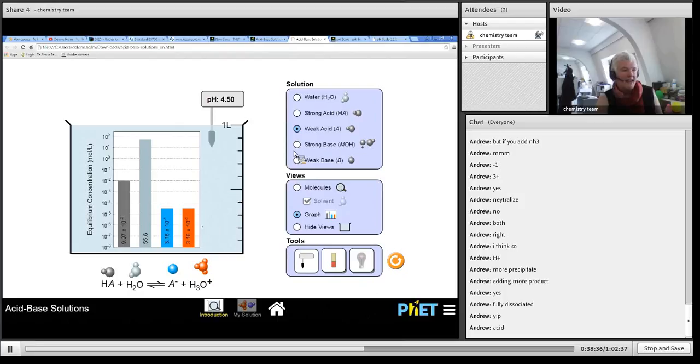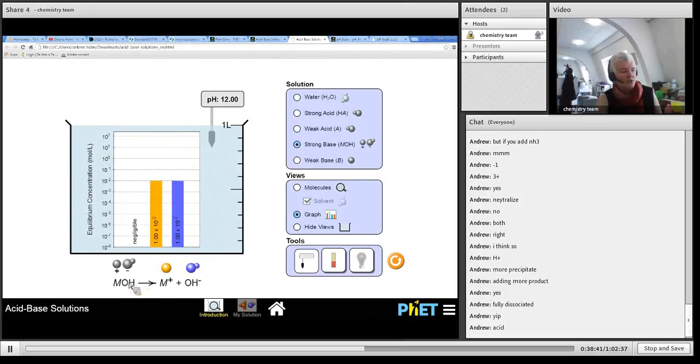So that's the acids. If we do a strong base, remember a strong base is a metal cation, like sodium hydroxide, a metal cation with a hydroxide, and by being strong, it's fully dissociated.